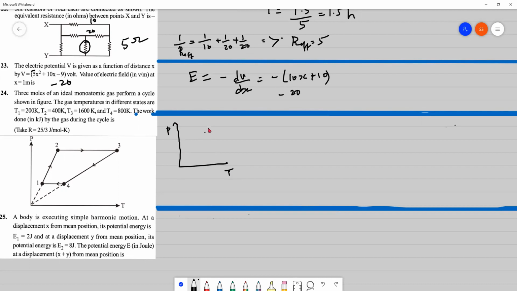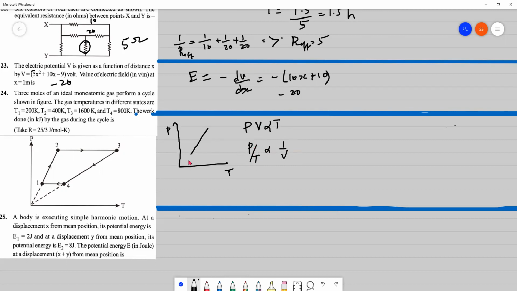If you have a straight line like this, then the slope of pressure and temperature is constant, which means volume is constant, because we know that PV is directly proportional to T. So P by T is directly proportional to 1 by V. P by T is nothing but the slope of the PT graph.